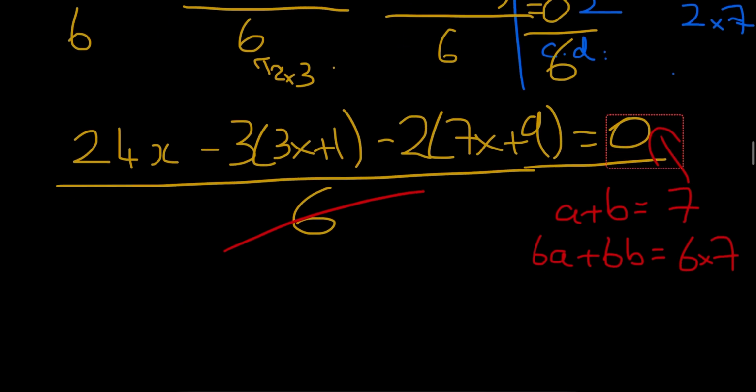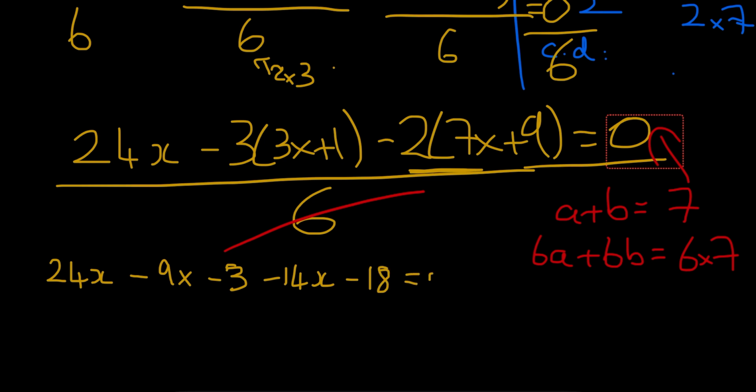Okay, so now let's multiply this out. 24x. Minus 3 times 3x will be minus 9x, and minus 3 times plus 1 will be minus 3. Now minus 2 times 7x will be minus 14x. Minus 2 times plus 9 is minus 18, and this equals 0. Let's collect like terms. 24 minus 9 minus 14.